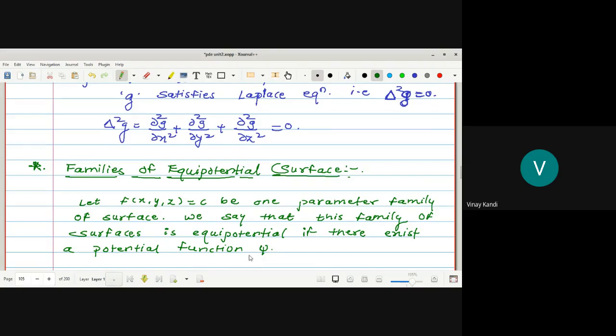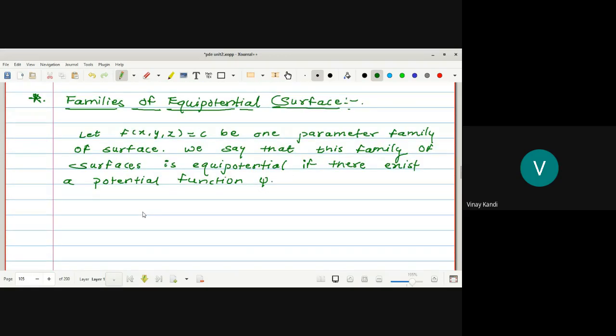What is the meaning of potential function? It is a function which satisfies the Laplace equation. What is the Laplace equation? Delta square of psi is equal to 0.